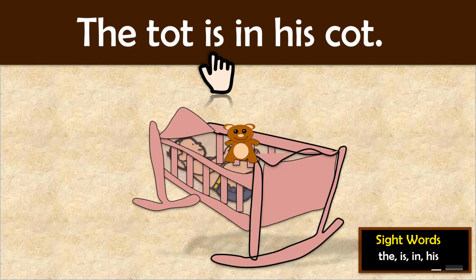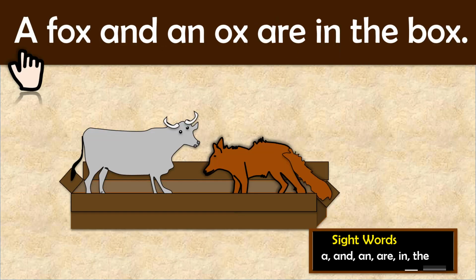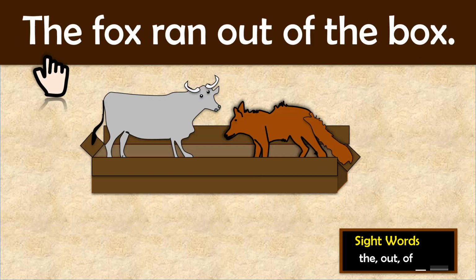The tot is in his cot. A fox and an ox are in the box. The fox ran out of the box.